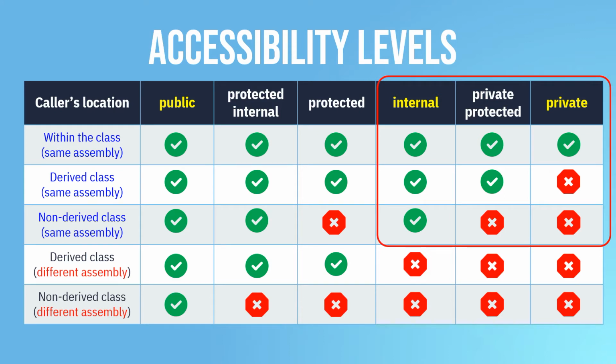But if by any chance you want the code not only to be accessed inside the current assembly, but also accessible by programs that are outside the current assembly, then you must use either public, protected internal, or protected. It makes more sense now, doesn't it? By the way, I marked public, internal, and private in yellow. That's because, from my experience, they are the most frequently used access modifiers.